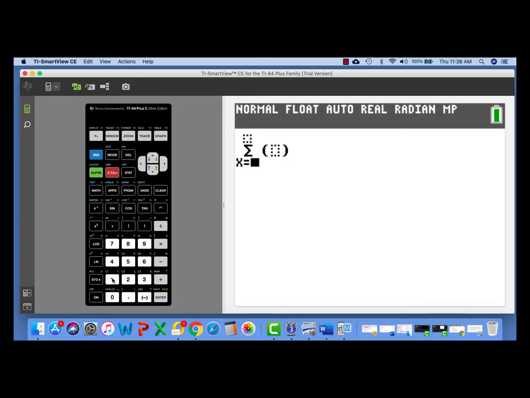And then I'm going to put in 1 because that's my starting point. And then I'm going to put in 4 as my ending point. And then in parentheses, I'm going to put x squared plus 6x. Then I'm going to arrow out of the parentheses and hit enter. And it's going to tell me that the answer is 90.